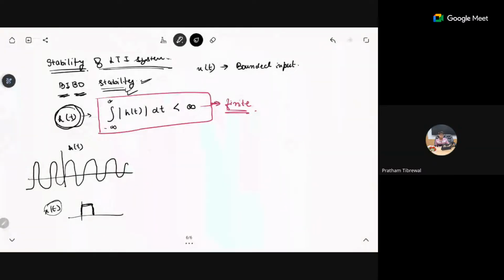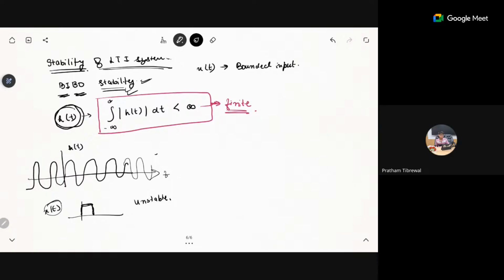So your h(t) is infinite; for infinite time it is oscillating, so it's not bounded. Means when you integrate this, you will not get a finite value, right? So that means this is an unstable system.